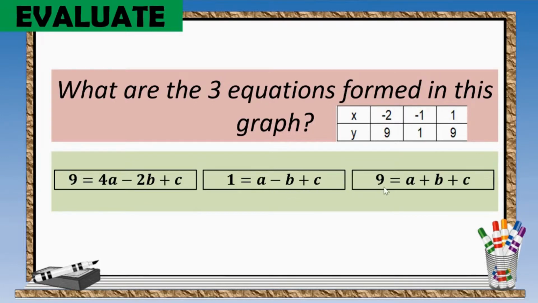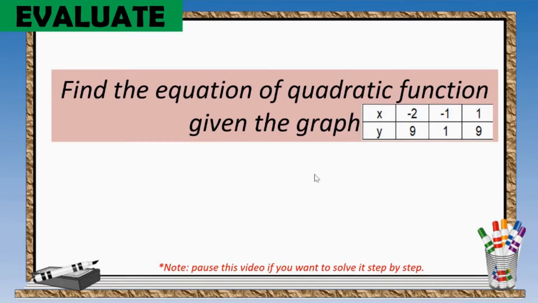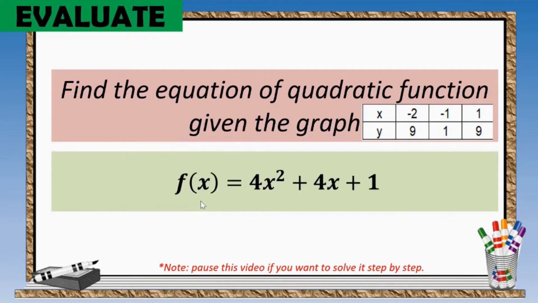Then, equation 3 is 9 equals a plus b plus c. Okay, last question. Note that you can pause this video if you want to solve it step by step. Find the equation of quadratic function given the graph shown. Okay, so the equation is f of x equals 4x squared plus 4x plus 1.